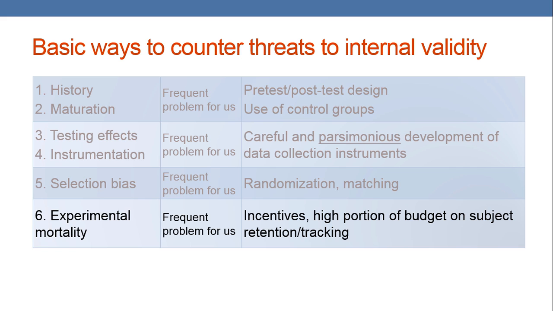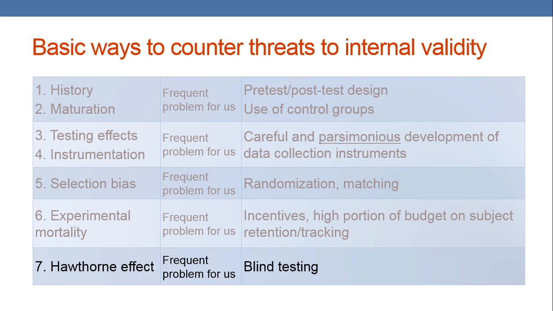For most of the intervention work we would be thinking about doing, we really need to think about just being able to track people after they leave our hospital, or using intermediate outcome measures that we can collect while they're still here. And then the Hawthorne effect is usually dealt with by blinding subjects to whether they're in the demonstration or the control group.